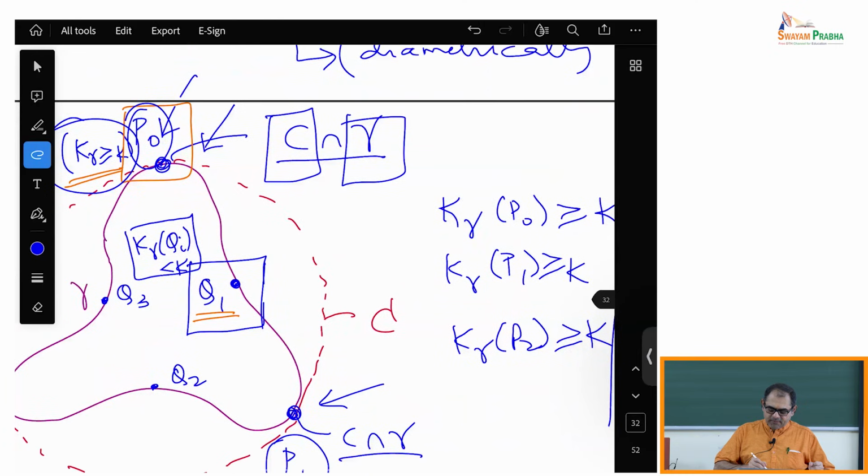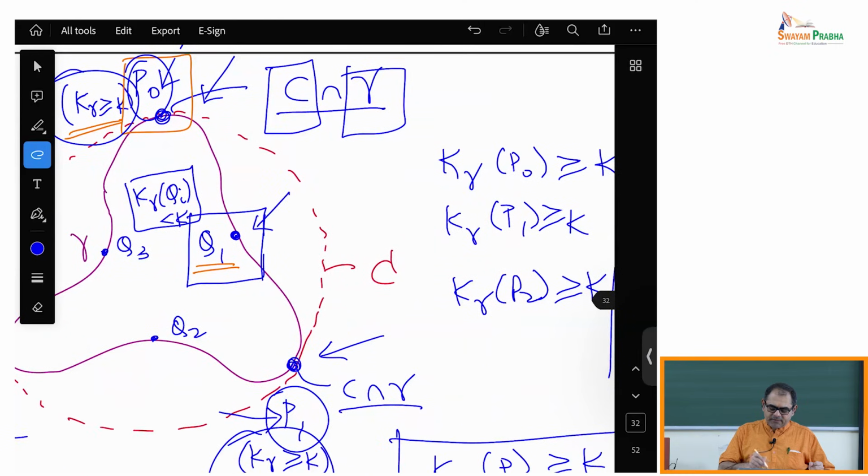Then the important claim is that there is a point in the segment of the curve between these two consecutive points P0 and P1, such as Q1, where the signed curvature of gamma will be strictly less than k.